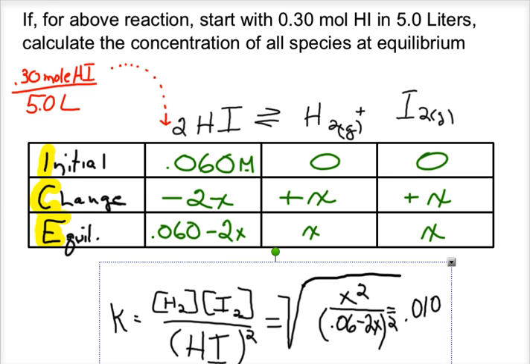So really, this line should be extended all the way over to both sides of the equation. Take the square root of both sides. That'll simplify the math so that you can calculate the value of X. So that's the second assignment for you to do. Calculate the value of X and then substitute those values into the equilibrium quantities and tell me, as the question at the top of the page indicates, the concentration of HI, the concentration of I2 and H2 at equilibrium.